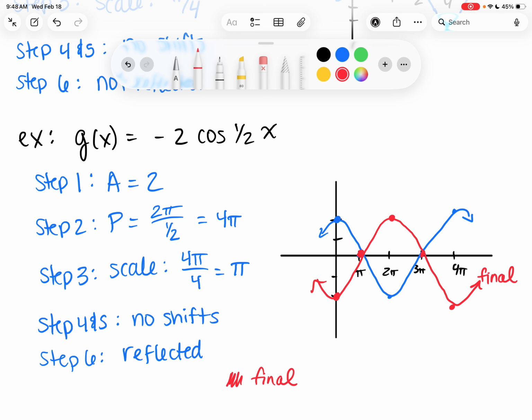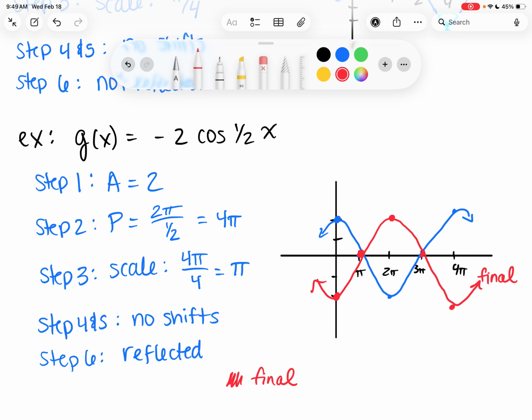Okay? Now, if you get to the point after we've done a bunch of examples, you've done a bunch on your own, that you feel confident enough, a lot of times what I will do is I won't even graph the original function. I will start with my reflected one if it's reflected. I will always reflect first, even though that's step 6, before I shift a graph, because it's a whole lot easier to reflect than to shift than reflect.